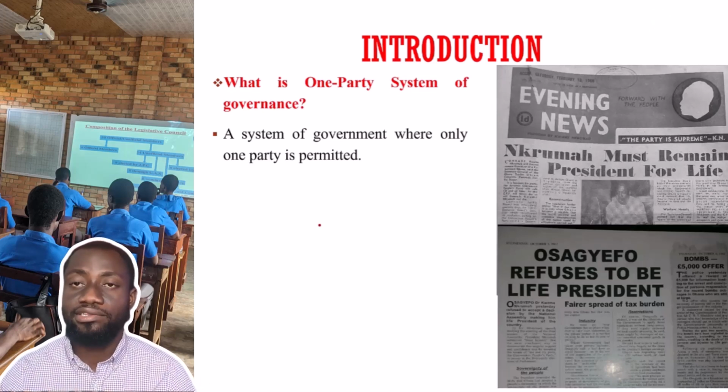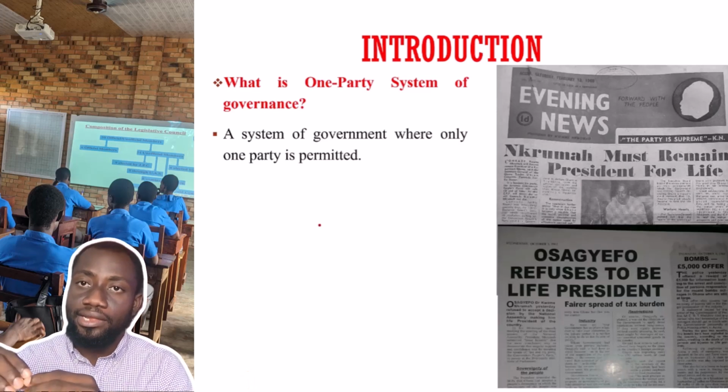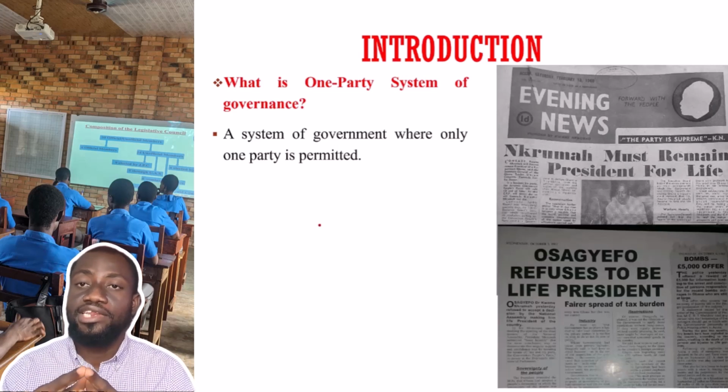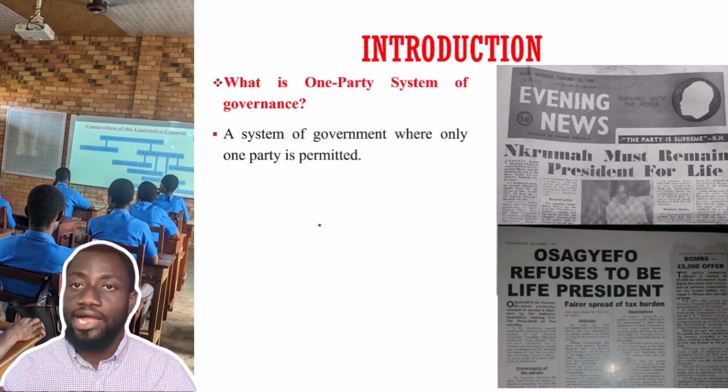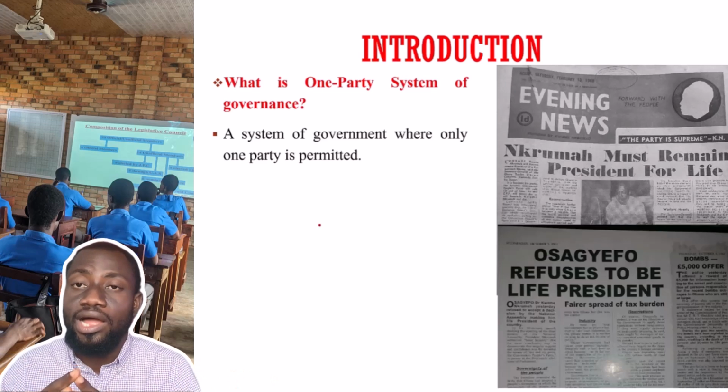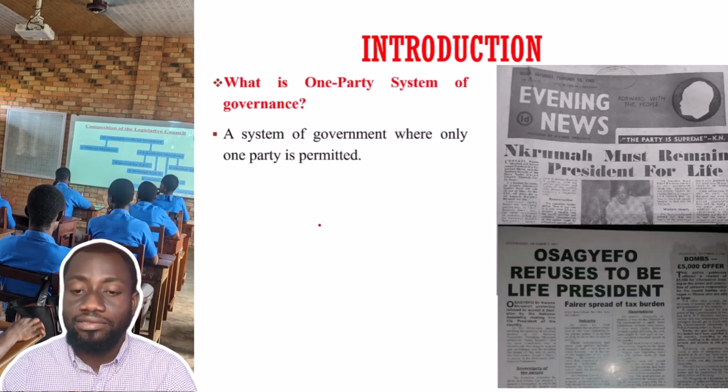A multi-party system is whereby several political parties are allowed to contest and even operate in the country, and that is what Ghana is currently practicing in the Fourth Republic, a multi-party system where several parties are allowed to operate and to contest for elections.